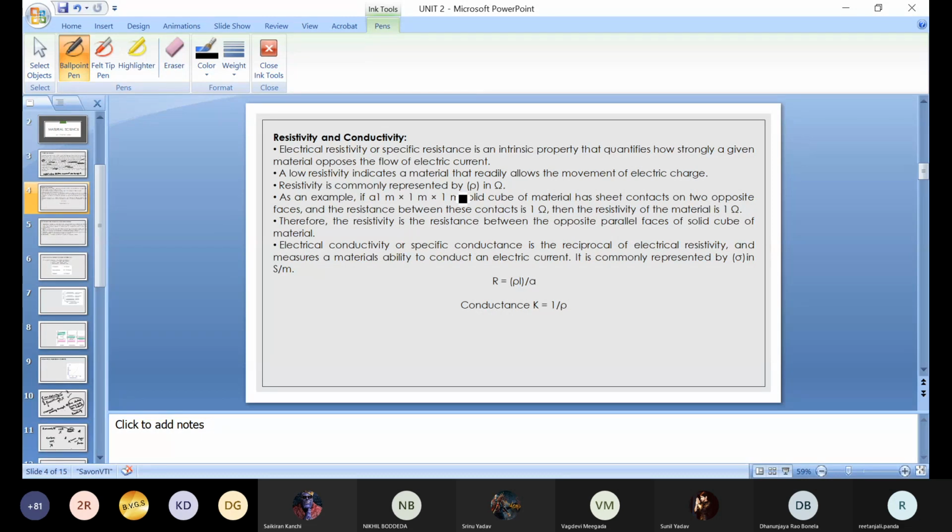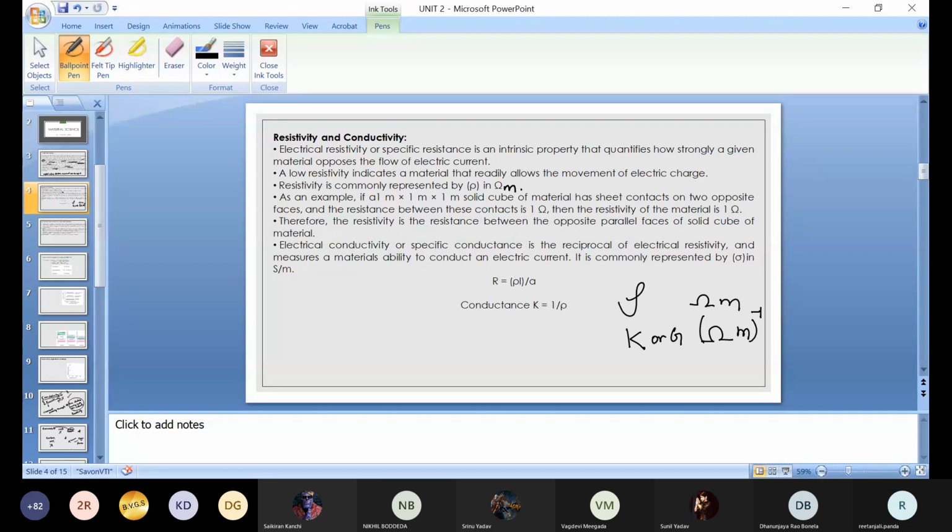The common representation of resistivity is rho, and its unit is ohm meter. Similarly, the common representation of conductivity is K, or we also represent it as G, and its unit is ohm meter to the power minus 1.